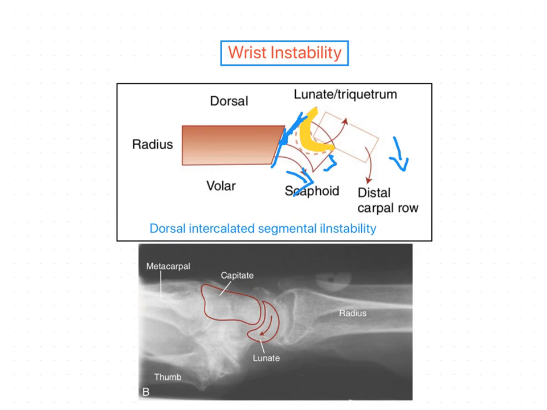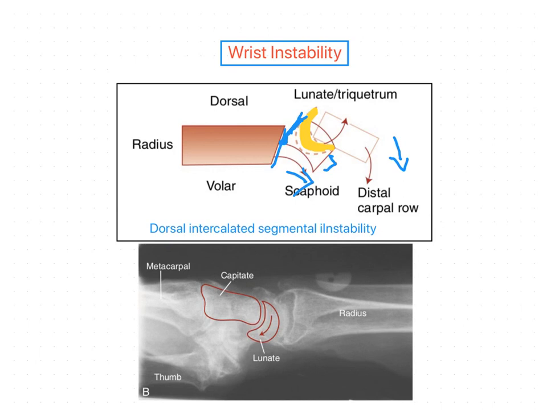They are going to flex on the extended lunate and triquetrum. So the flexed distal carpals glide dorsally on the lunate and triquetrum, causing extension of the lunate and triquetrum.